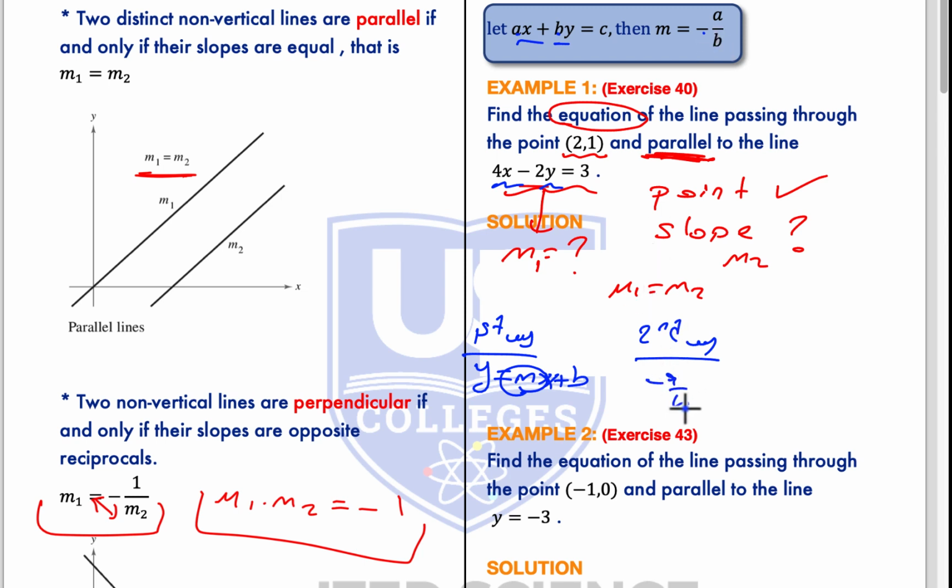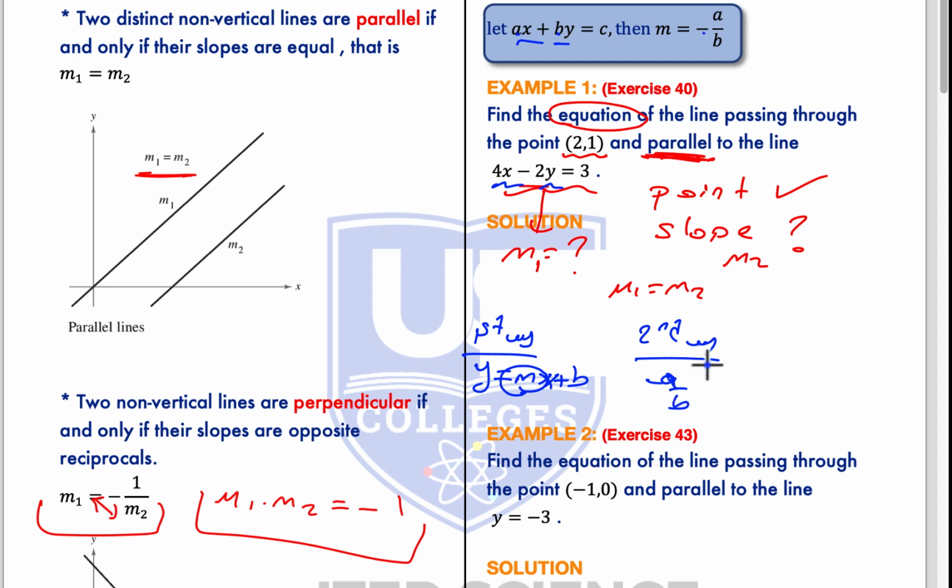Negative a over b. So you either use this method, writing the equation in slope-intercept form and finding the coefficient of x as the slope, or if x and y are already together on one side of the equation, you use that idea, negative a over b. It's up to you.